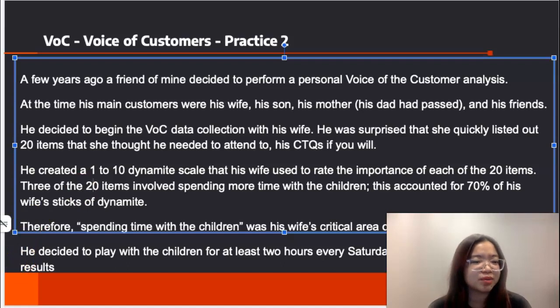Spending more time with the children accounted for 70% of his wife's stack of dynamite. Therefore, spending time with the children was his wife's CTQ. And then he decided to play with the children for at least 2 hours every Saturday, and his wife was happy with the result.